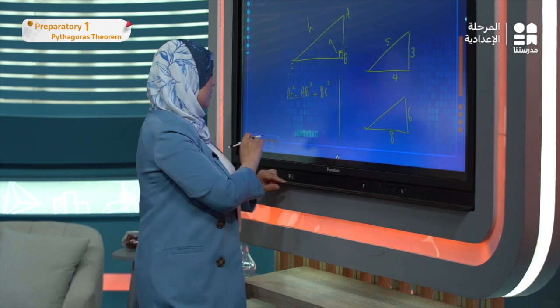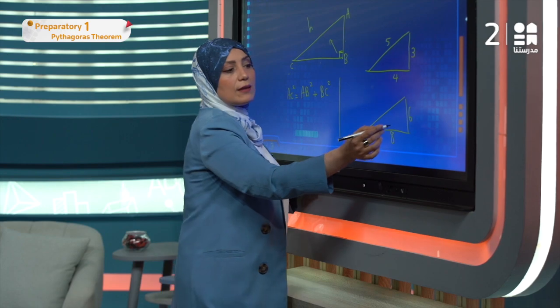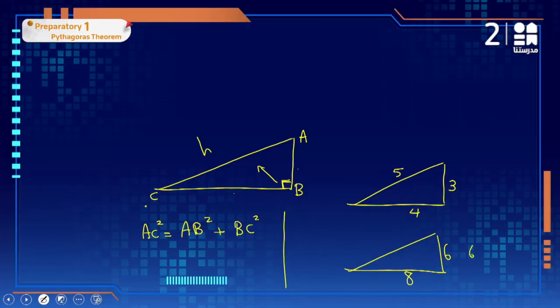How can we find the hypotenuse here? We need to add 6 squared plus 8 squared. 6 squared is 36 and 8 squared is 64. When you add them, you will get 100. How can we get the hypotenuse now? Take the square root of 100, which is 10.